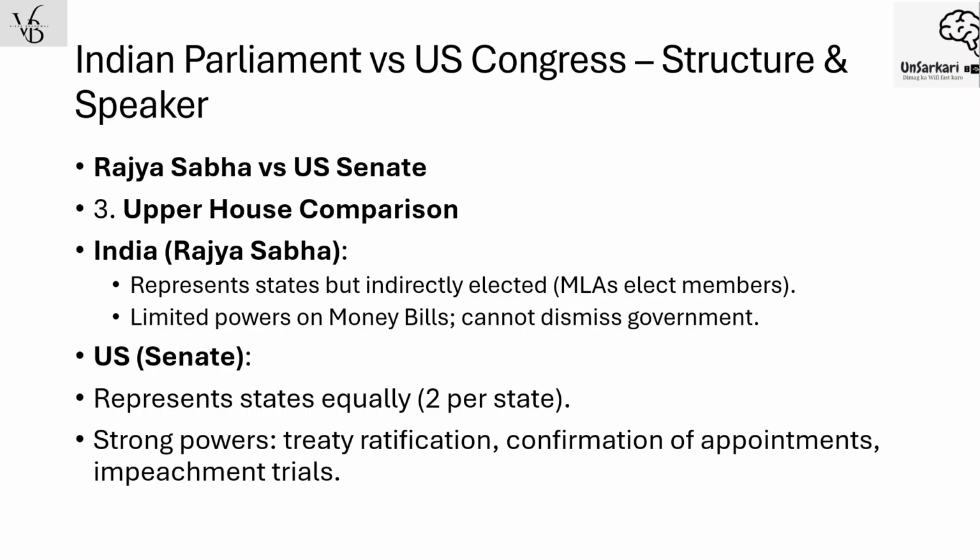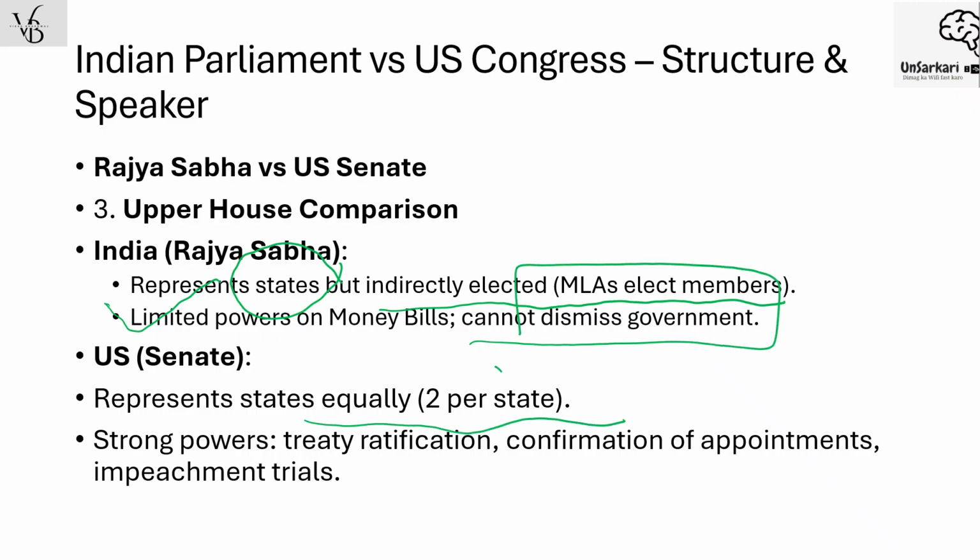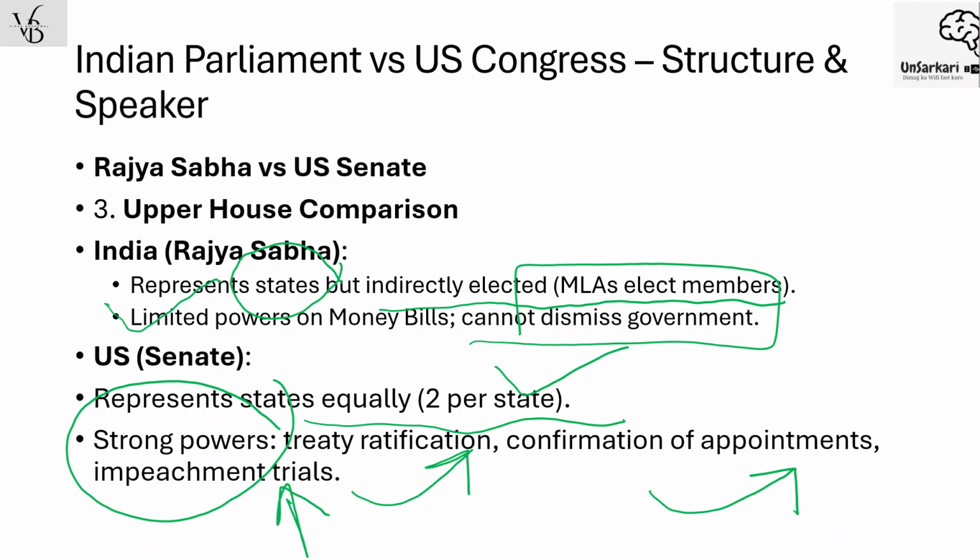When we compare Rajya Sabha with the US Senate, Rajya Sabha represents states, but indirectly, because the members are elected indirectly by the elected members or MLAs. Rajya Sabha has limited powers on money bills and cannot dismiss the government, whereas the US Senate, which represents states equally, two per state, has strong powers in treaty ratification, confirmation of appointments, and even impeachment trials. Please see the difference.